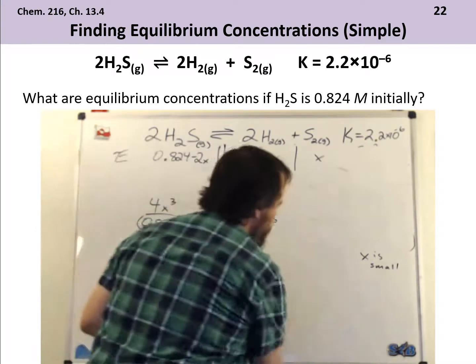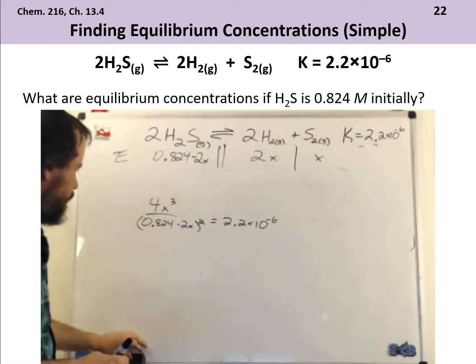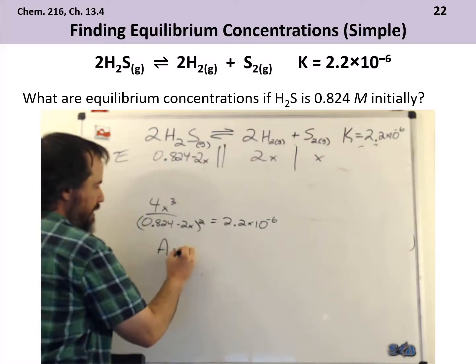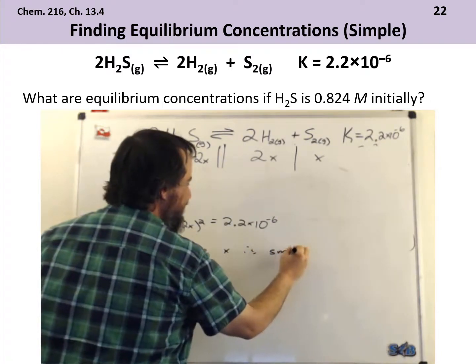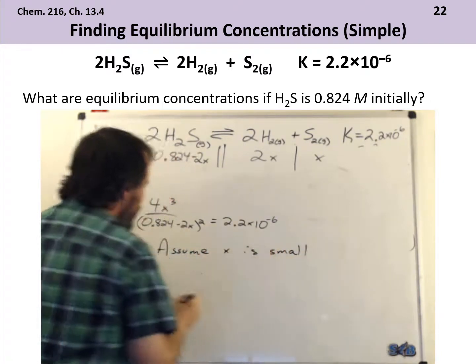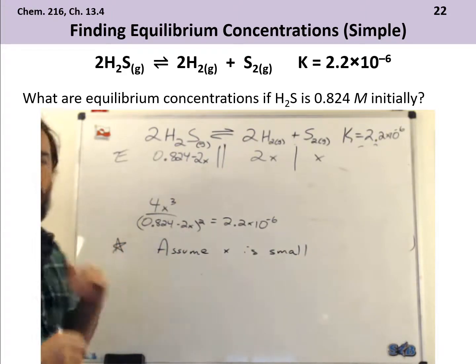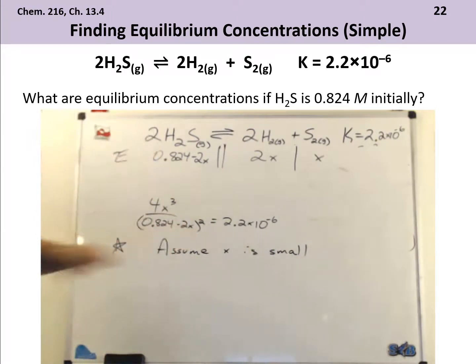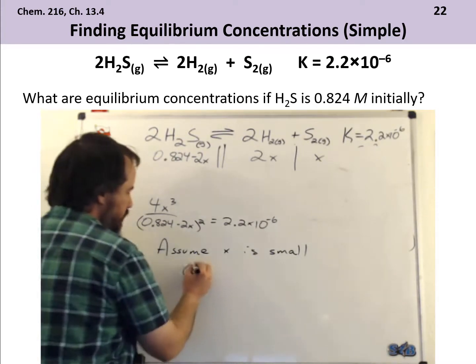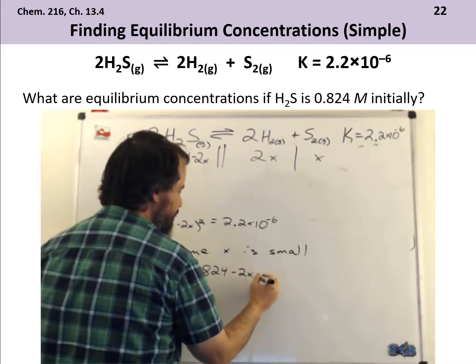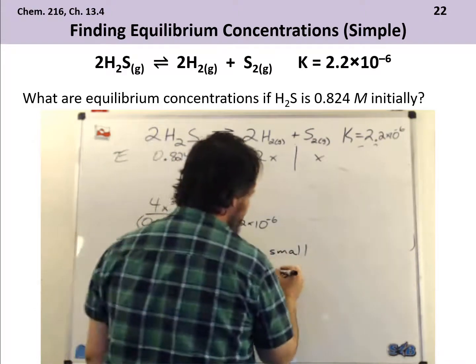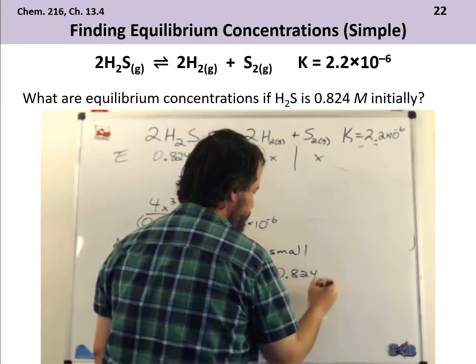All right, so I'm going to assume x is small. What does that mean? In a little bit, we'll explain when we can assume it's small, but for now, we'll just assume it's small. So if x is small, then 0.824 minus 2x, I can just assume that that is 0.824, right?